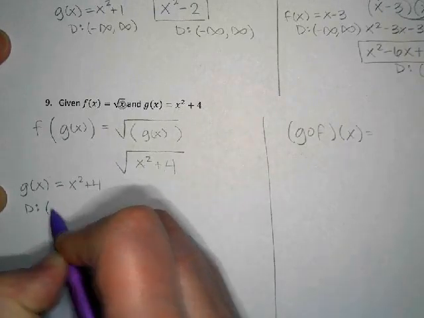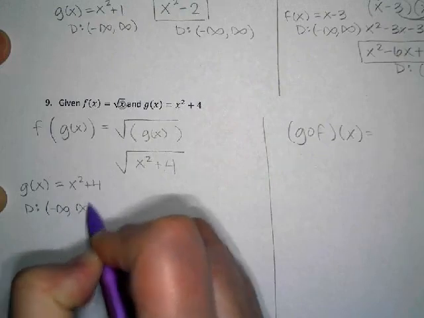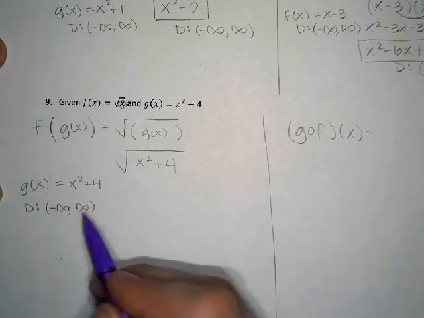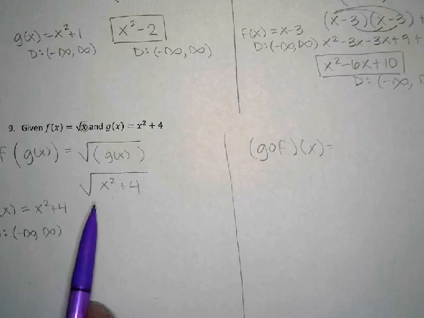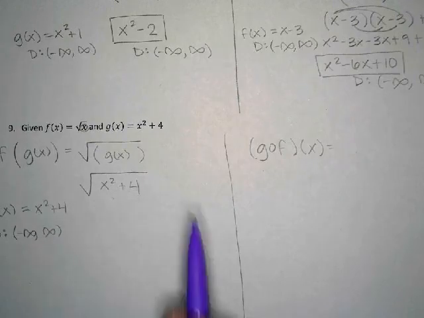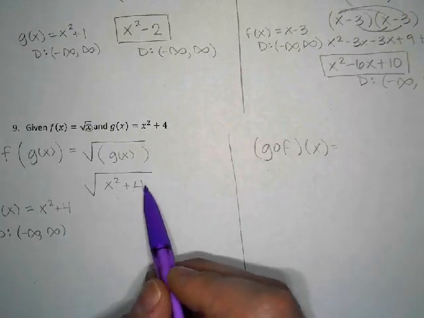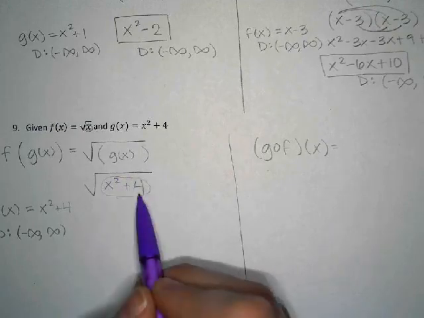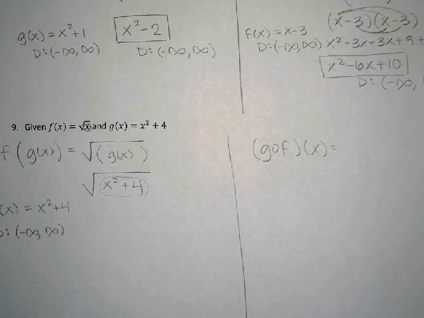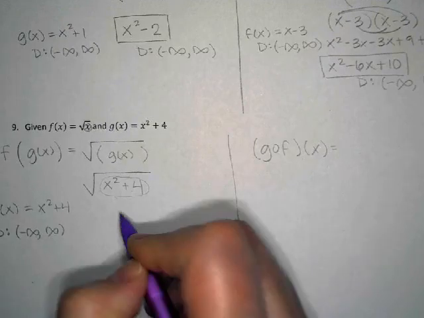And then once we were done with the composition, we ended up with something that had a square root in it. So now we have to say, we've got some stuff underneath the square root. The stuff underneath has to be positive, but it could also equal 0. So x squared plus 4 has to be greater than or equal to 0. We know that for sure.